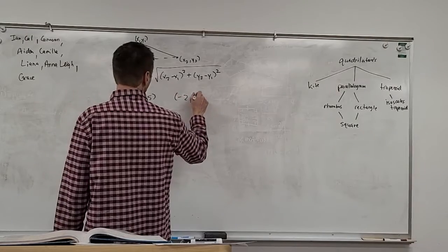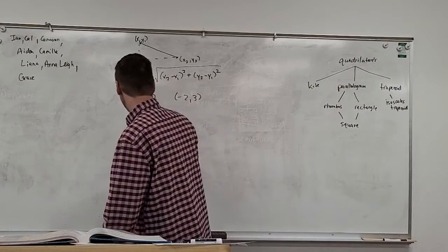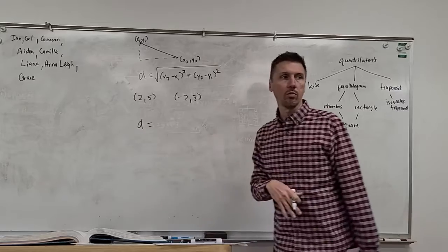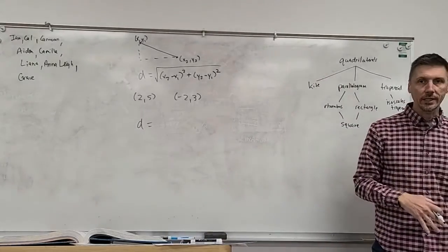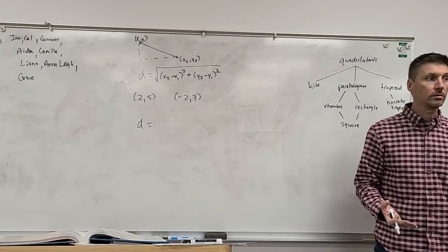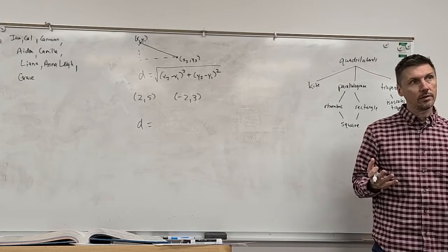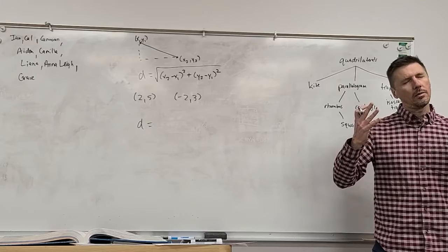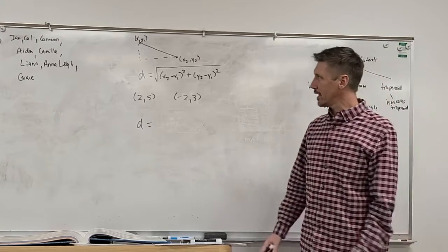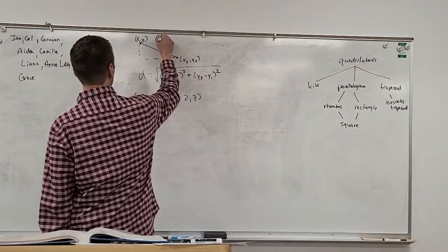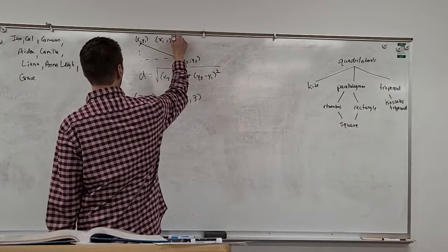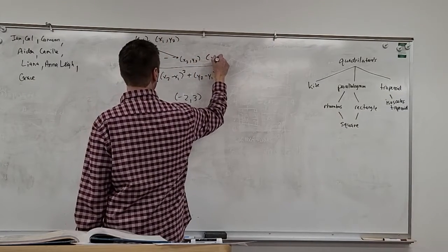Now it doesn't matter which point you make x1, y1, and which one you make x2, y2. You can't make this point here x1, y2, and this point here x2, y1.